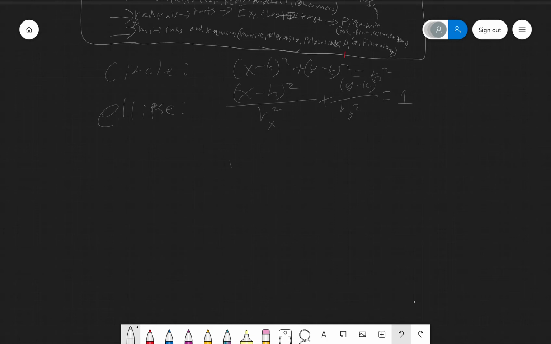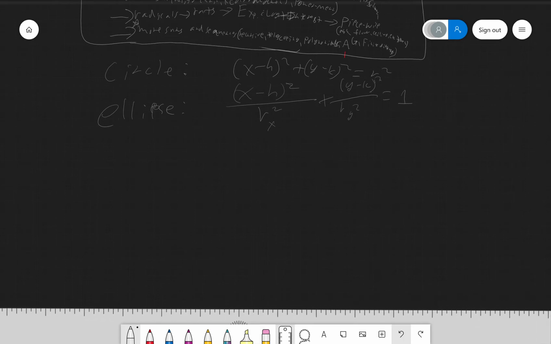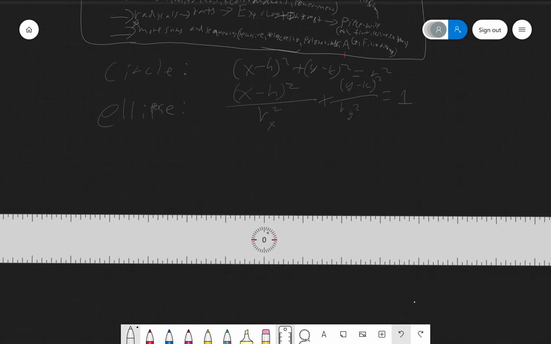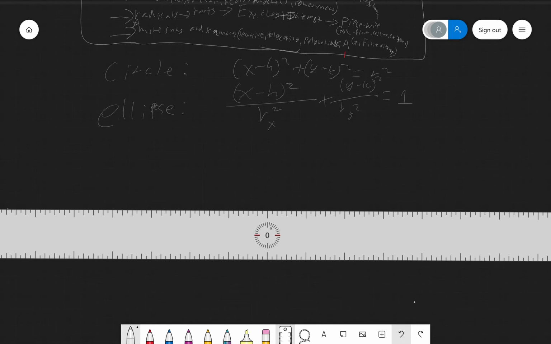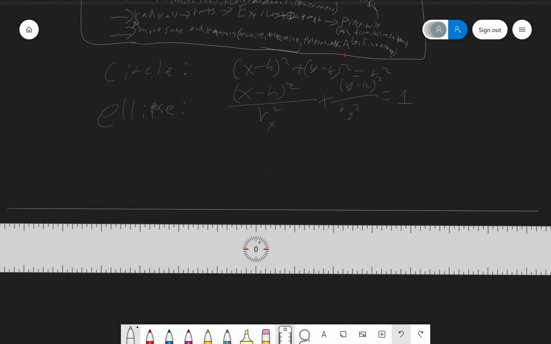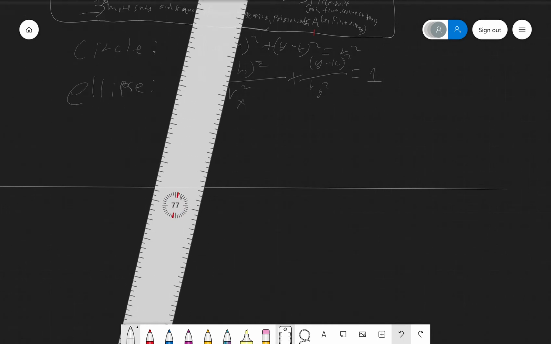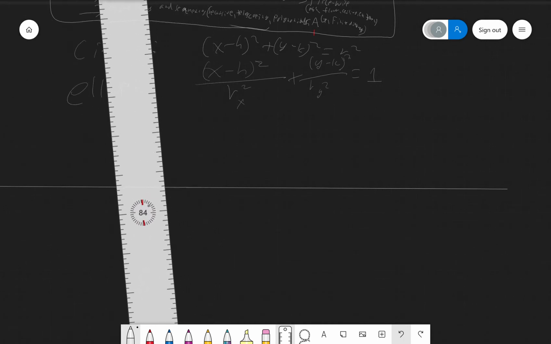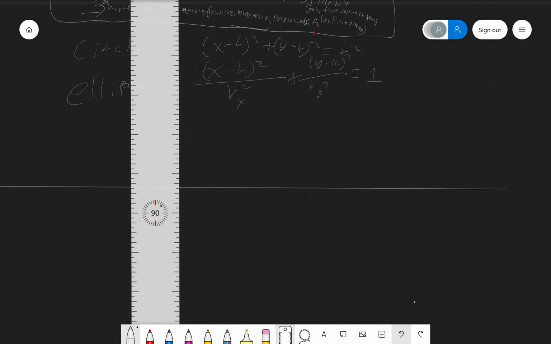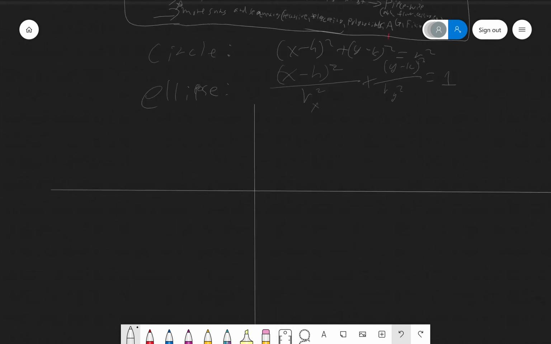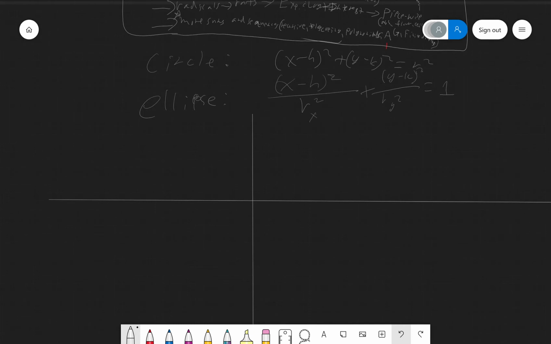So now let's draw the grid. I'm going to use a ruler because a ruler's nice. So we have our graph, right? Then our y-axis is going to be right there. Now I want you to look at what happens when I draw a circle.